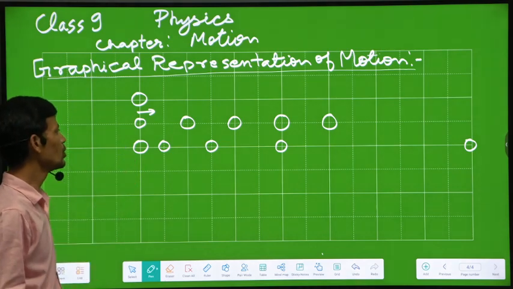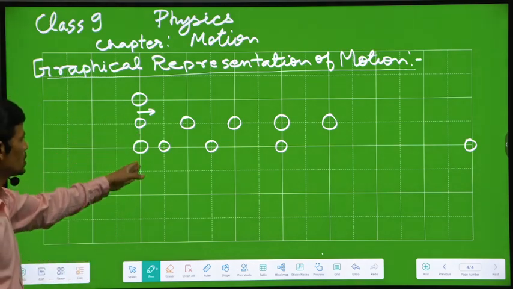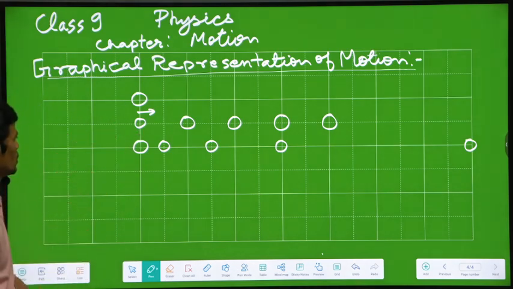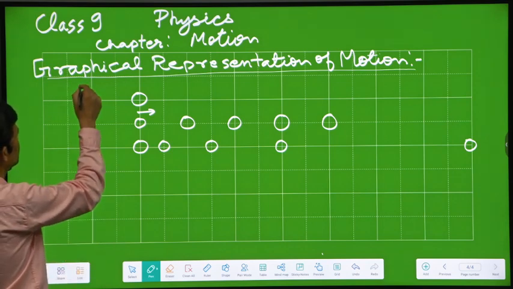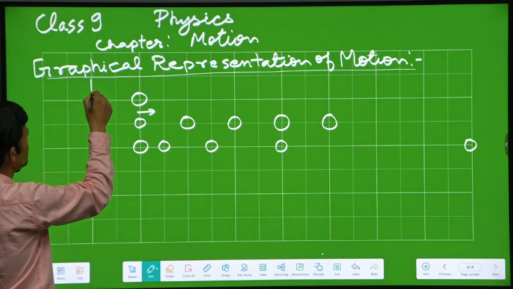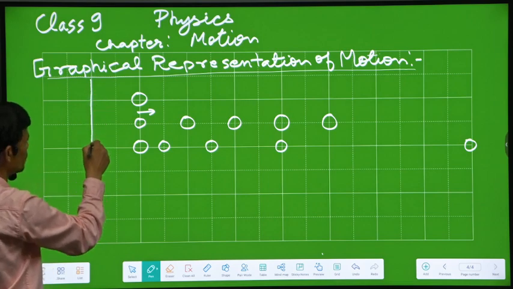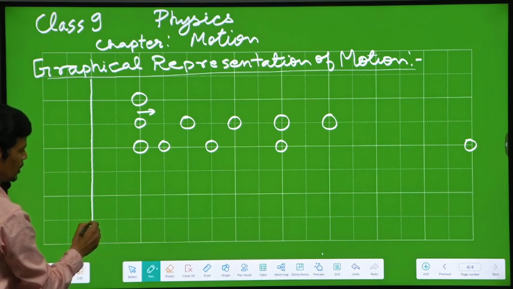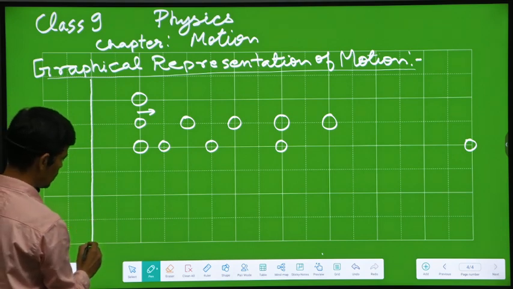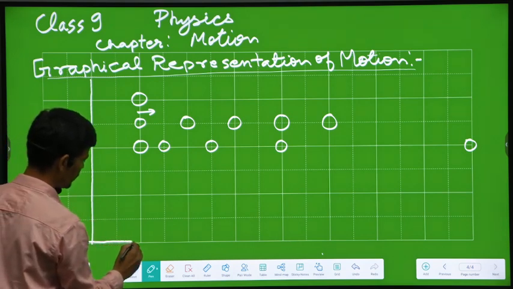And now I am going to plot these 3 motions in a displacement time graph. It can be a distance time graph also, but I am drawing a displacement time graph here.